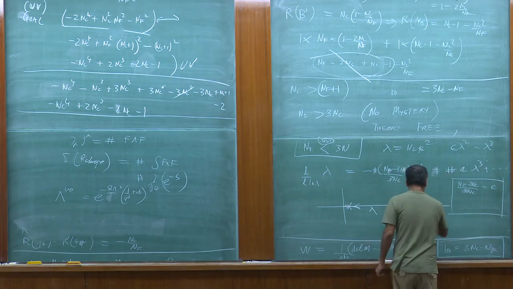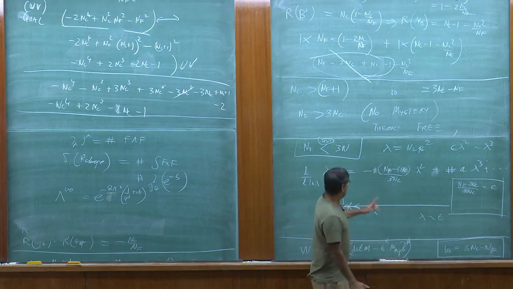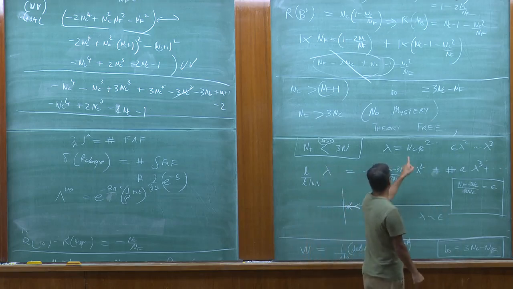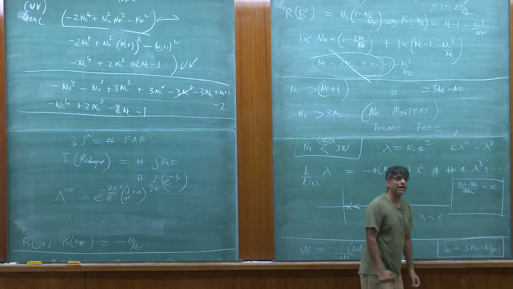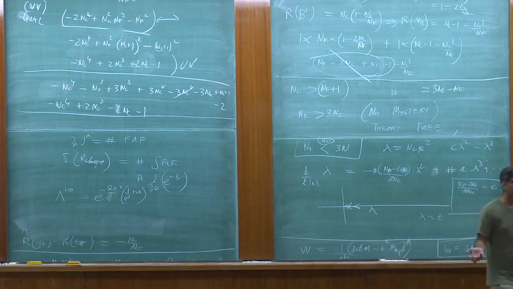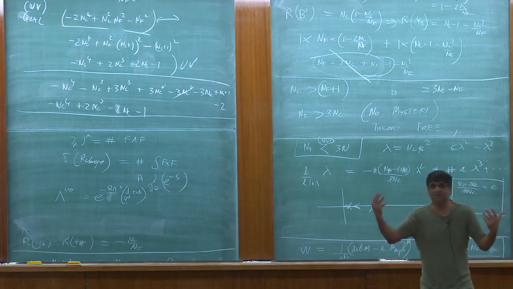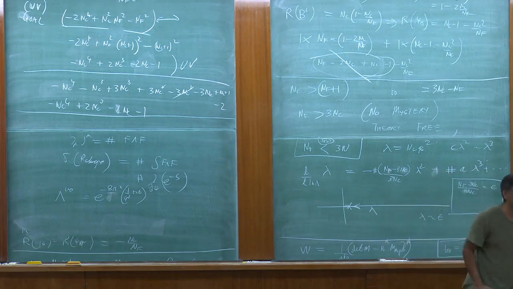So it occurs at lambda of order epsilon. Where this balancing happens, both terms are of order epsilon cubed. But a lambda to the 4 term would be of order epsilon to the 4, and a lambda to the 5 term of order epsilon to the 5, and so on. So in the limit epsilon goes to 0, we can controllably ignore all the higher terms.